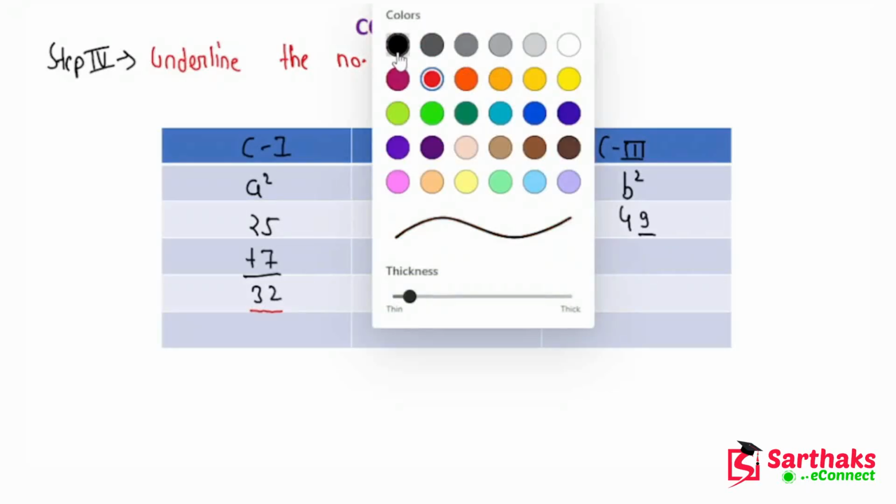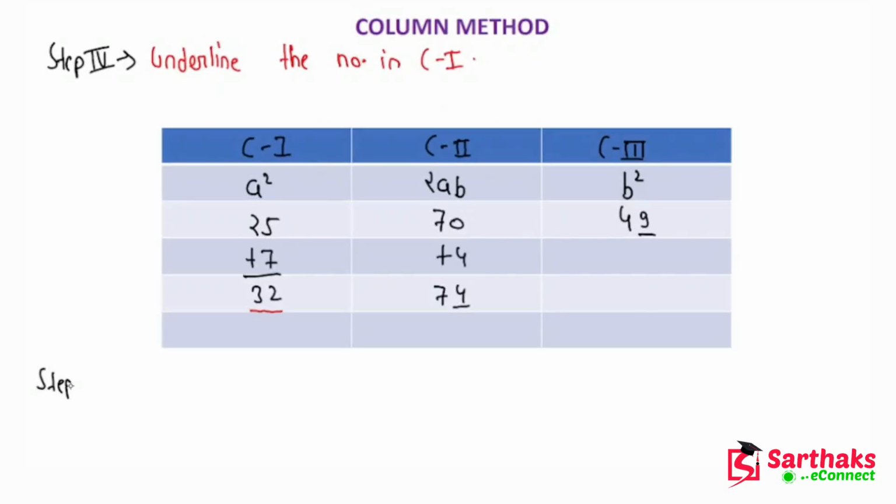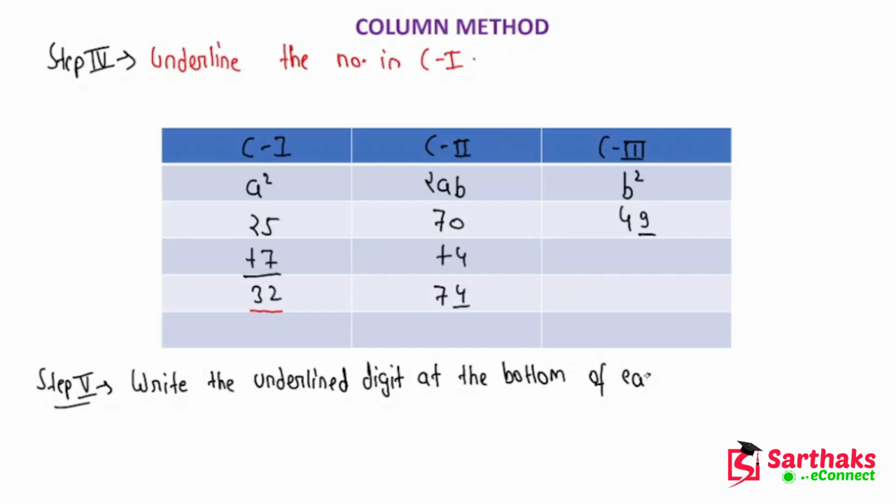Now the final step says: write the underlined digit at the bottom of each column to obtain the square of the given number.